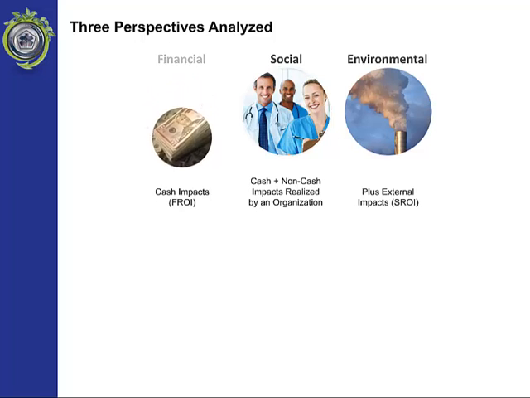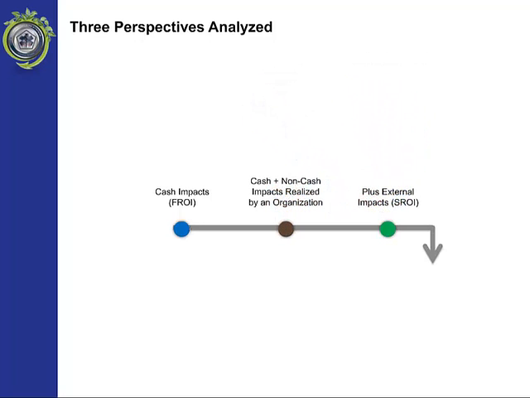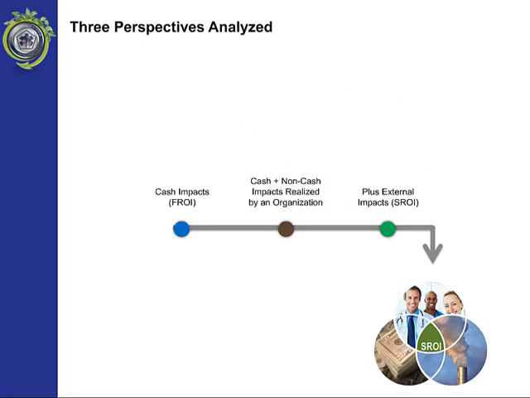SROI adds to traditional financial analysis the monetized value of non-cash benefits and externalities. You can see on the left that a traditional business case provides a financial return on investment, or FROI, based strictly on the cash impacts of a project, whereas the SROI analysis adds non-cash impacts internal to a particular organization as well as the external impacts that affect society as a whole, for example, greenhouse gases and air pollutants.